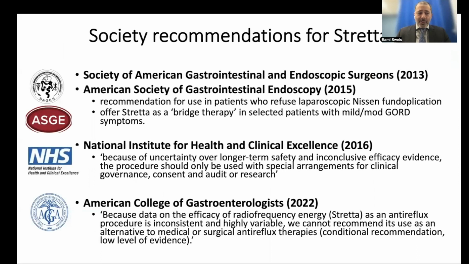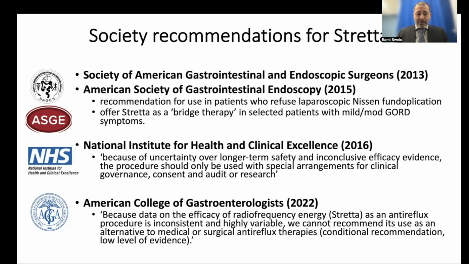In 2013 and 2015, the Society of American Gastrointestinal and Endoscopic Surgeons and the American Society for Gastrointestinal Endoscopy recommended the use of Stretta perhaps as a bridge to therapy instead of fundoplication in those who refuse surgery. The NICE guidelines in 2016 suggested that because of the uncertainty over longer-term safety and inconclusive efficacy, Stretta should be used with special arrangements for clinical governance, consent, audit and research.